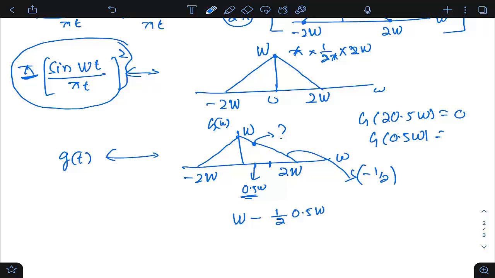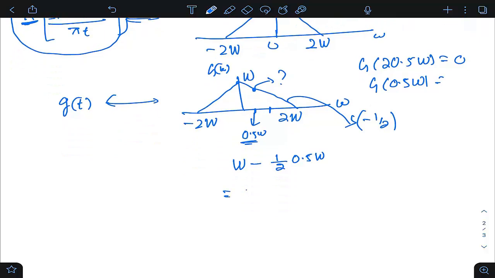Otherwise you can do your own maths, no issues. If you calculate it, this is coming as w minus 1 by 4 w, so this is 4w minus w divided by 4.